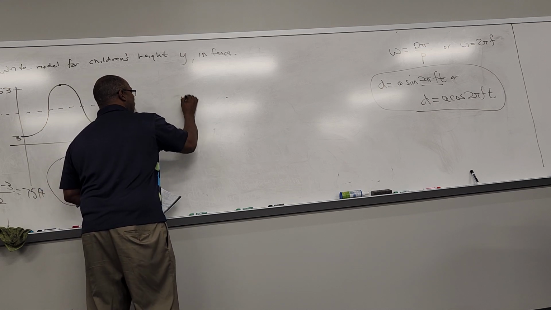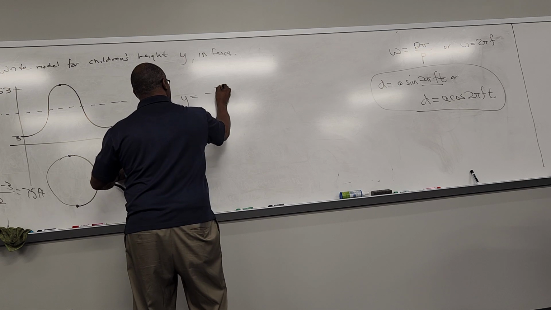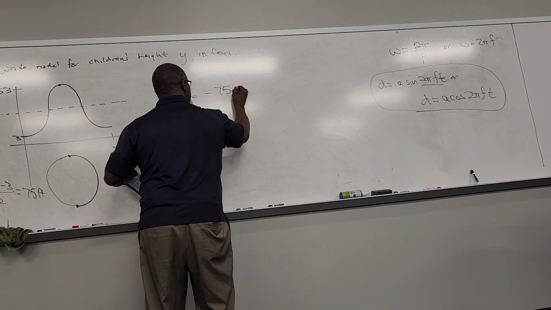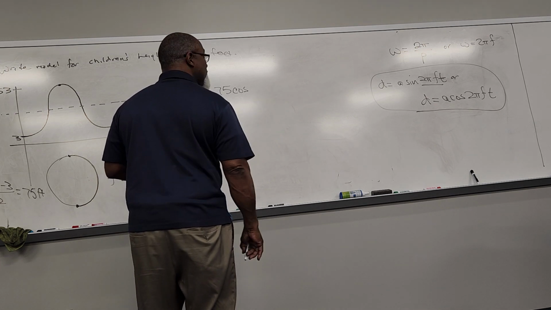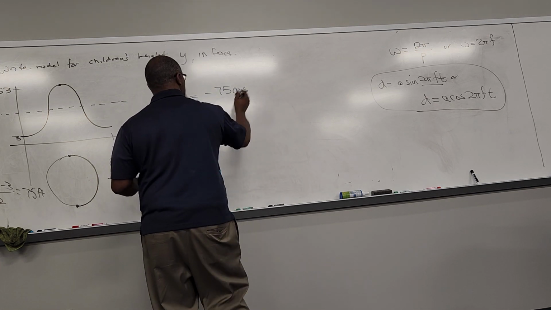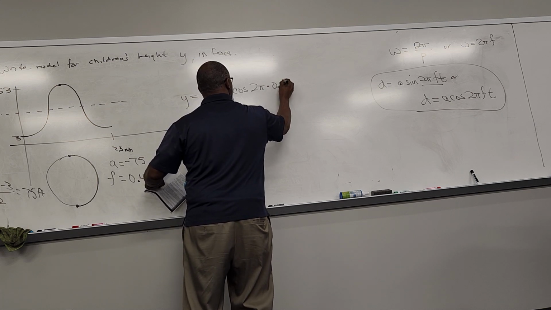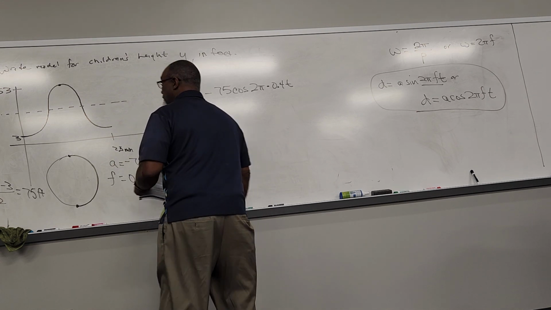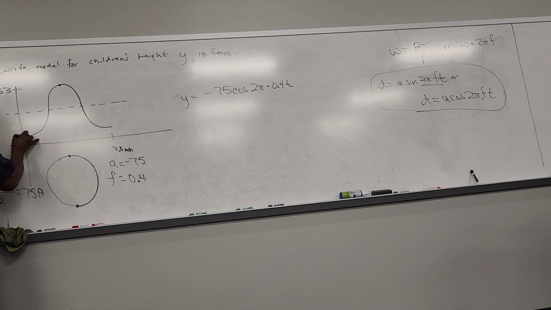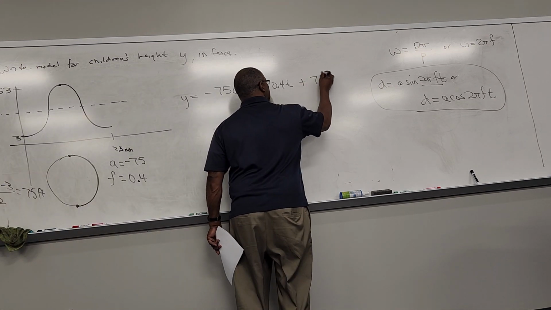So now y equals, and I claim it's negative 75, and it's gonna make sense in just a moment, negative 75 cosine of 2 pi F, so 2 pi times 0.4 t. But remember, at time equals 0, you're sitting right here at 3. So I'm gonna add 78.